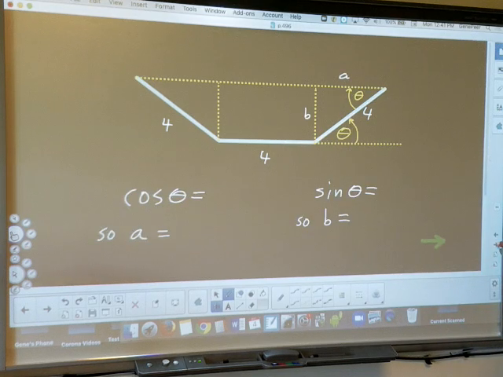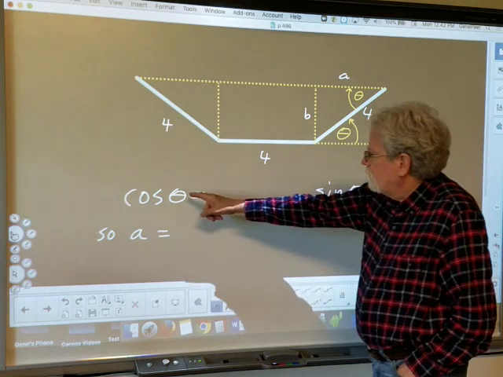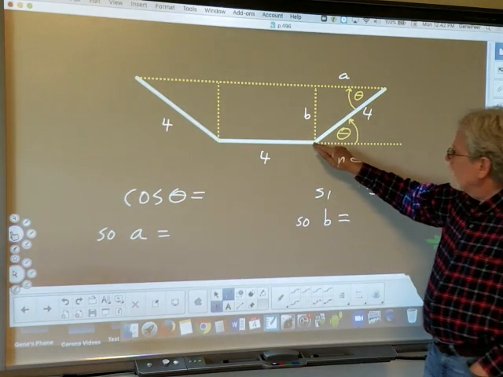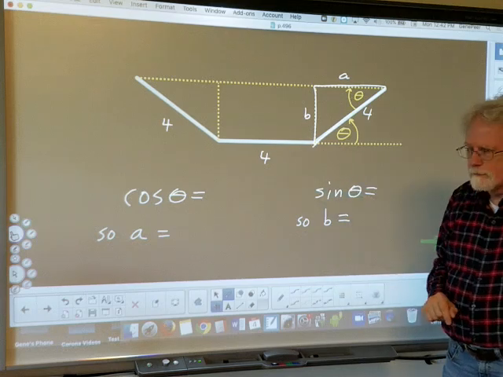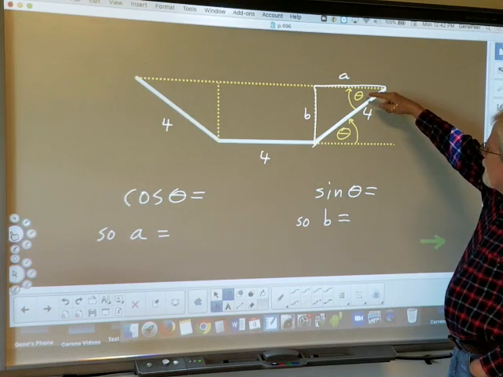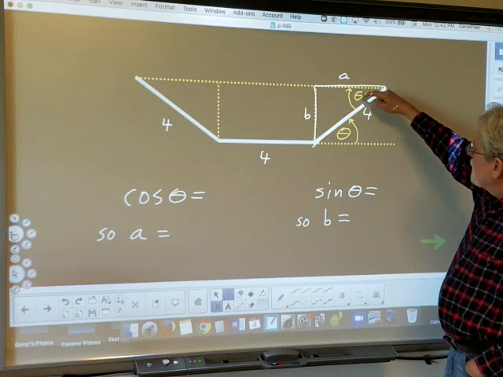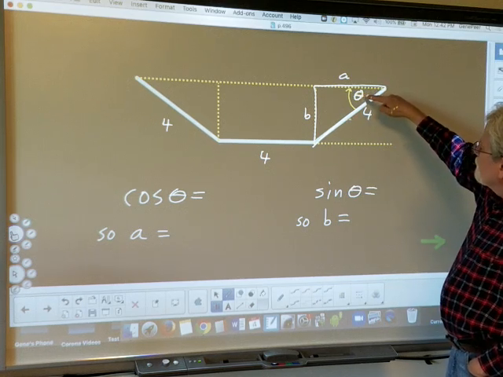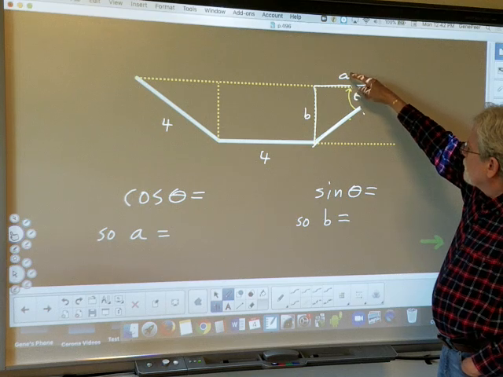All right, so what? Let's figure out the cosine of theta. We're looking just at this triangle. Cosine of theta, cosine being adjacent over hypotenuse. So the cosine of theta, there's theta, we're ignoring this one. Cosine of theta is adjacent over hypotenuse.